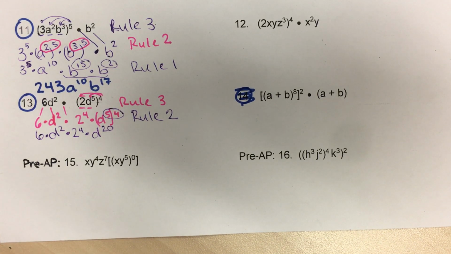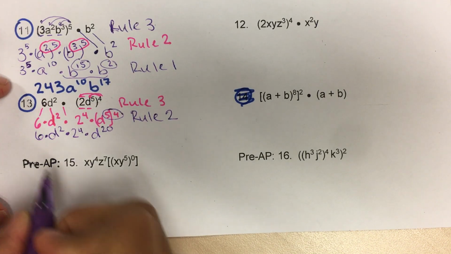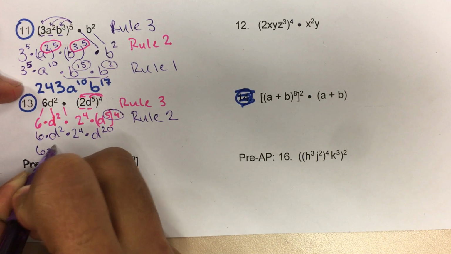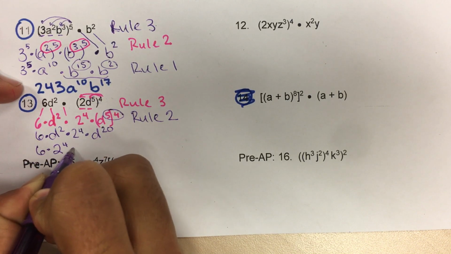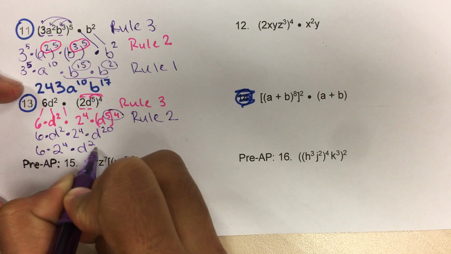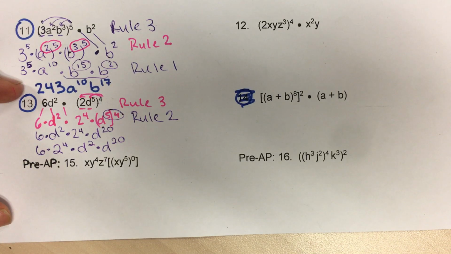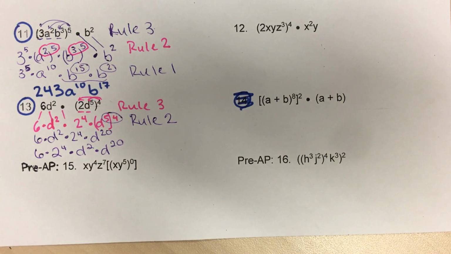Remember, multiplication is commutative, which means switchable. Okay, so let's rearrange for a second. Let's do our 6 times our 2 to the 4th power together, and our d squared and our d to the 20th together.